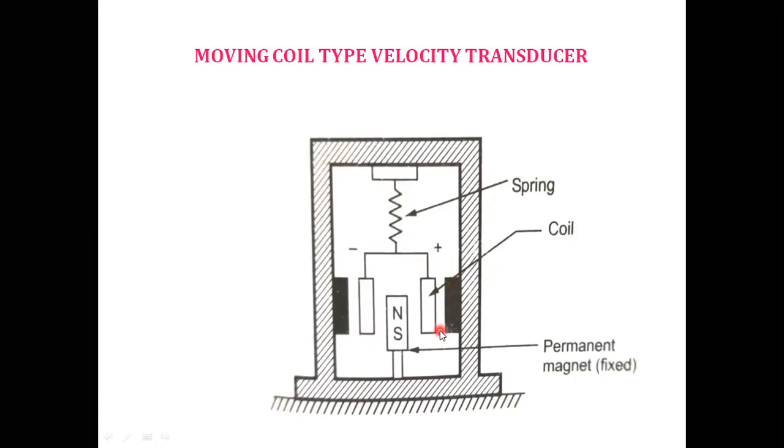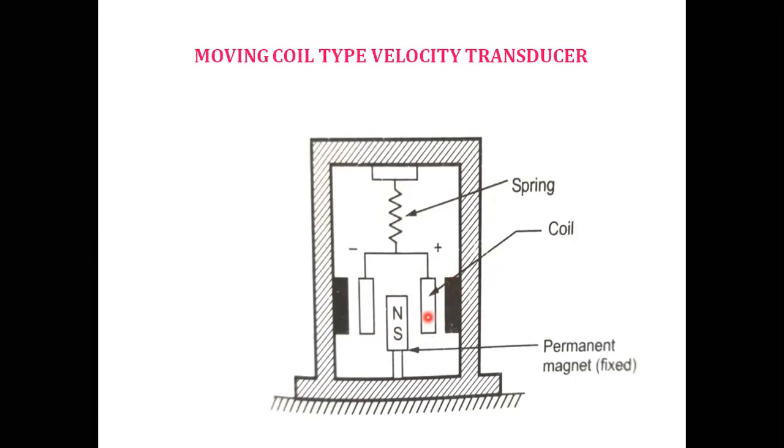In between the coil, a permanent magnet is fixed here. The coil movement is done with the help of this spring. In this way there are only three parts: permanent magnet, coil and spring.